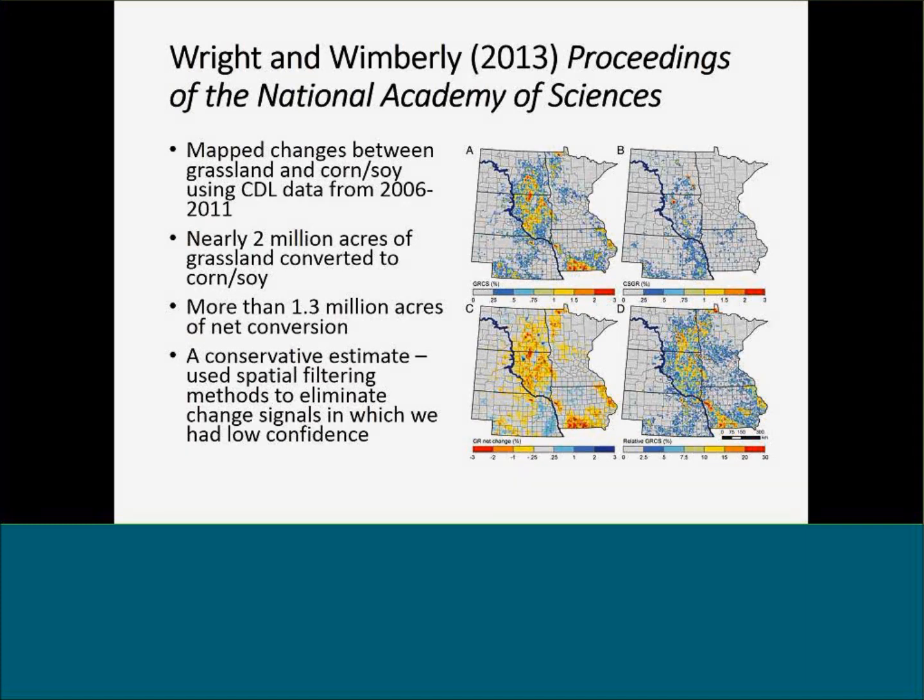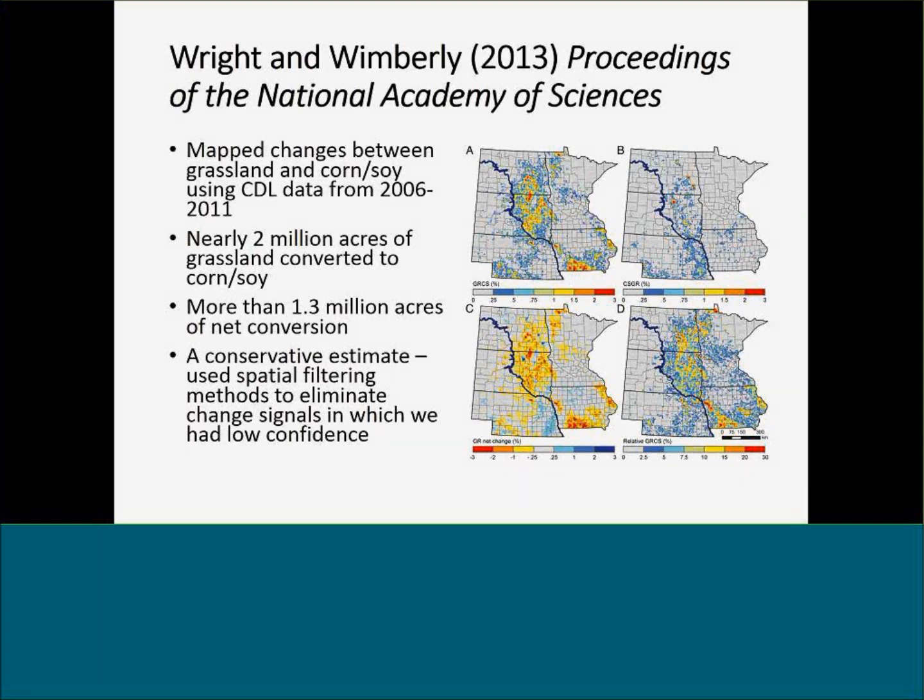So we did a fairly straightforward study using a publicly available data set, the USDA cropland data layer, without going into all the excruciating details. And basically what we found was a lot of land cover and land use change concentrated in the eastern Dakotas.